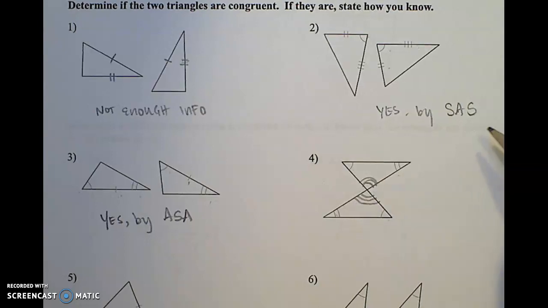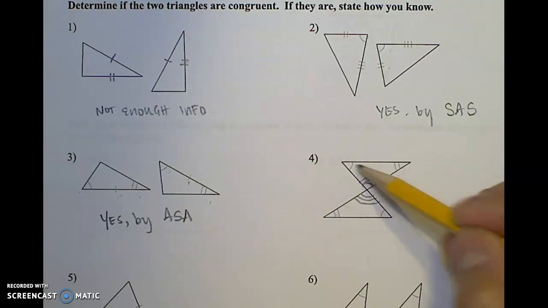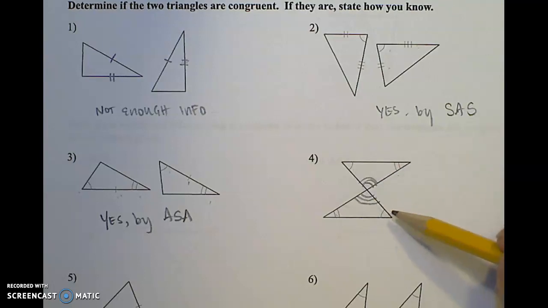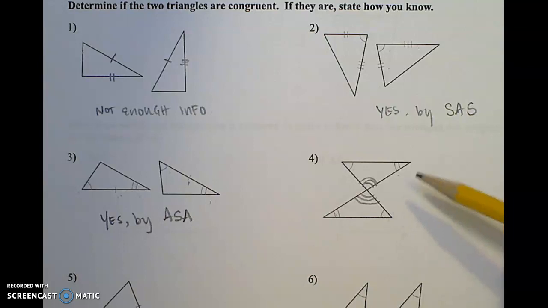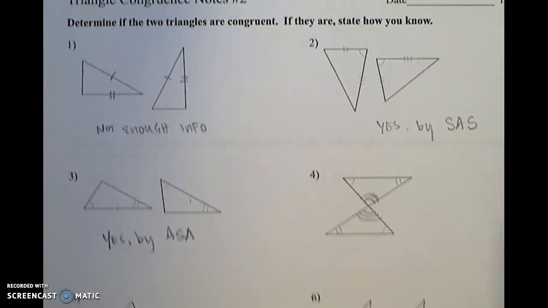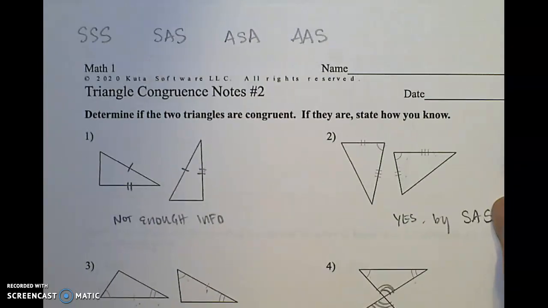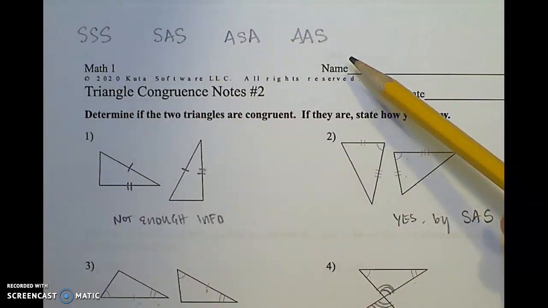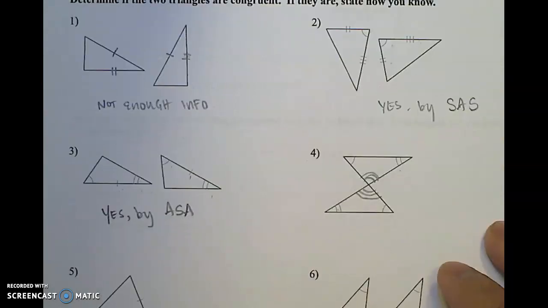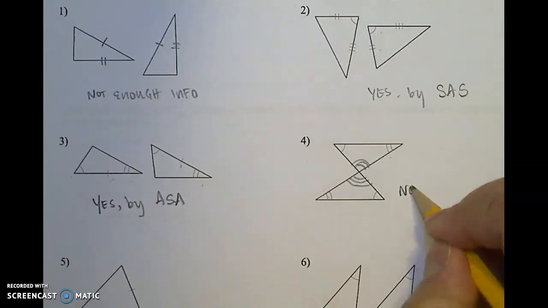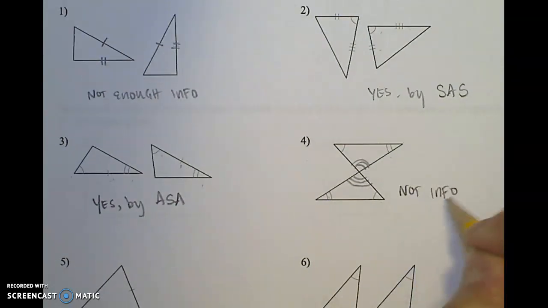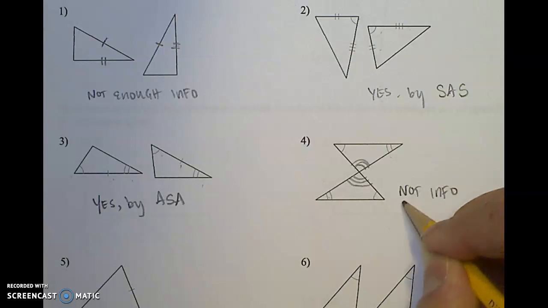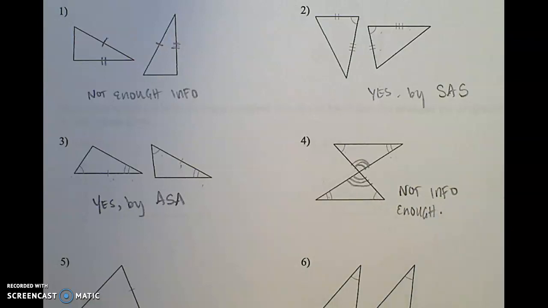So I'll mark those up with a triple tick mark, thus giving us 3 sets of angles for each triangle. But we talked about yesterday that AAA, angle, angle, angle, is not one of the postulates. So the best we can do here is say not enough info.